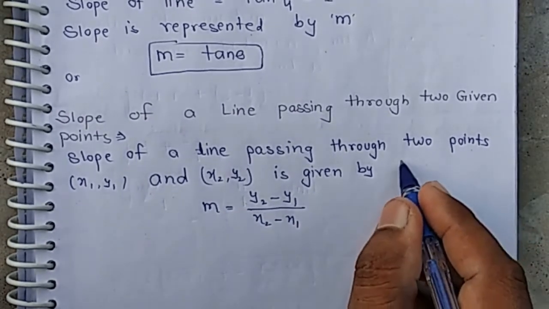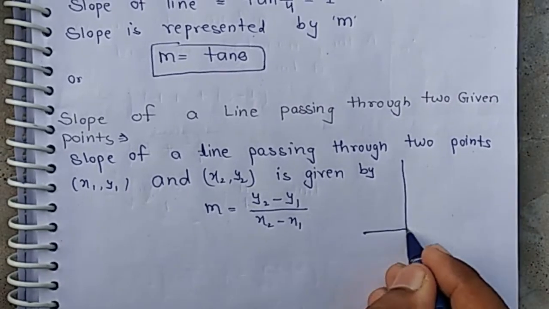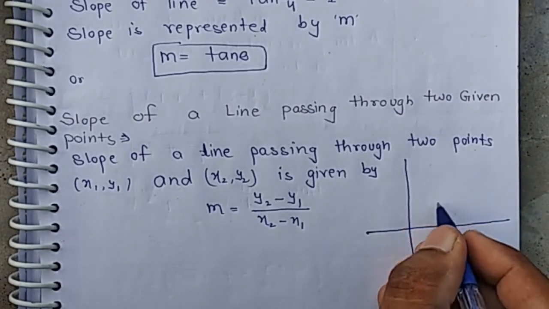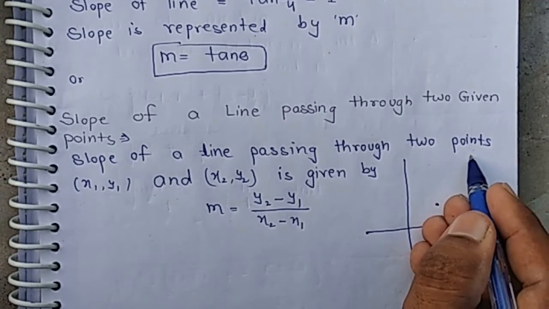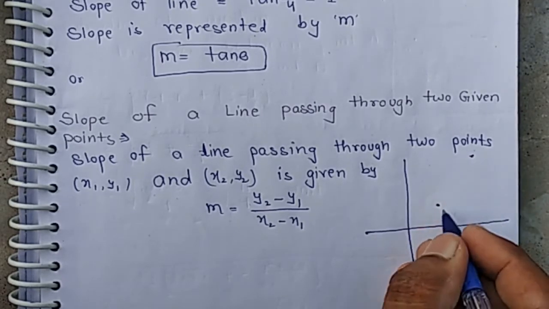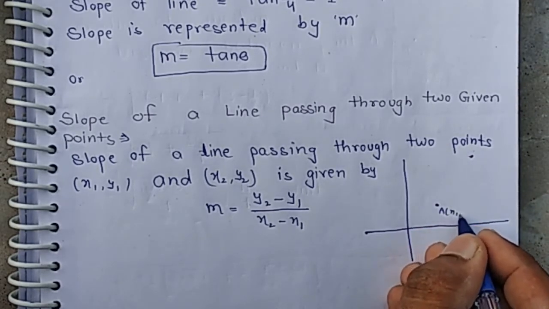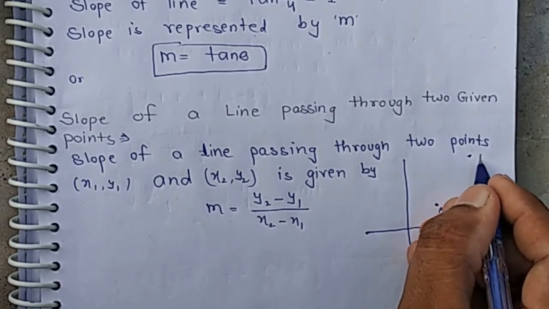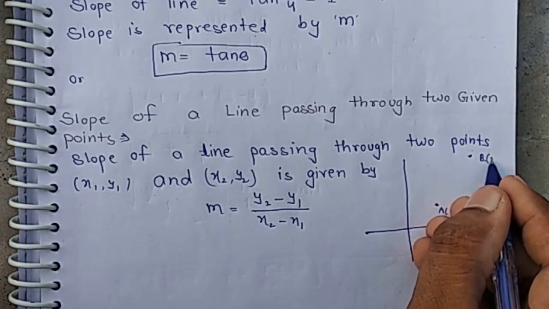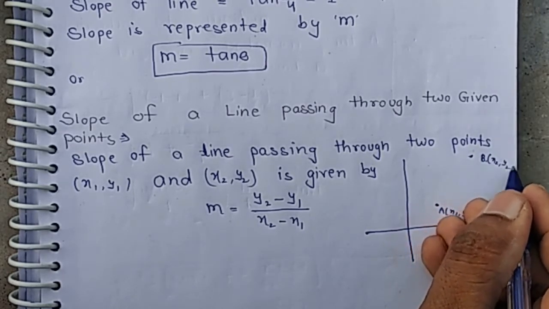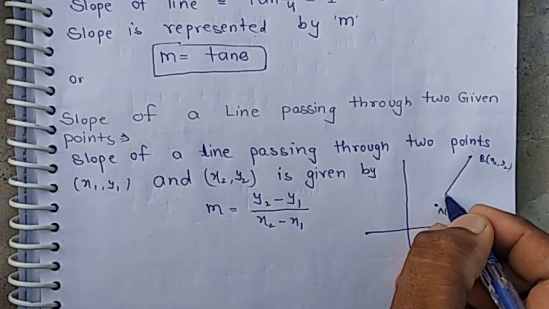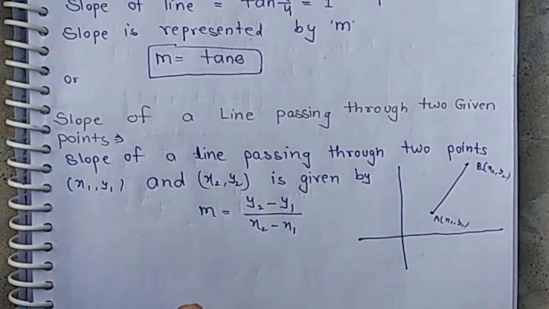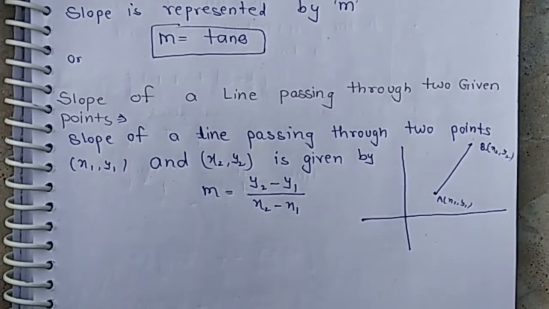Means if a line passing through 2 points x1 comma y1 and x2 comma y2, then slope of this line is obtained by y2 minus y1 upon x2 minus x1.